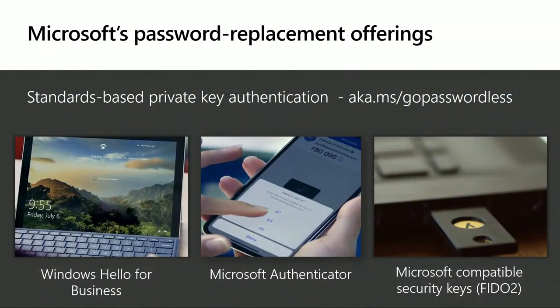So Microsoft is on a mission to replace passwords. Things like Windows Hello for Business do that already, with logging in with your facial recognition and not needing to key in a password. We've now announced last year that Microsoft Authenticator will now do passwordless authentication as well. And if you're using Microsoft Authenticator for those two-factor authentication codes, it's a slightly different experience.